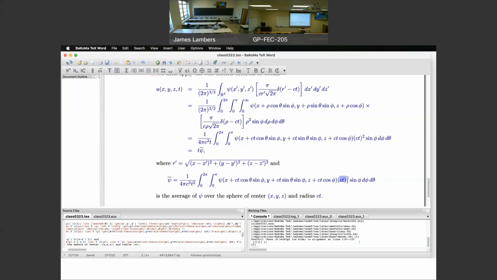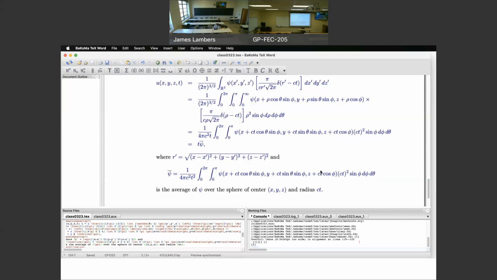The c t squared has to stay here because that comes from a change to spherical coordinates. And since this is not quite the surface area, I just have to multiply and divide by t to make this part the surface area, and then I have this factor of t sitting here. All right.